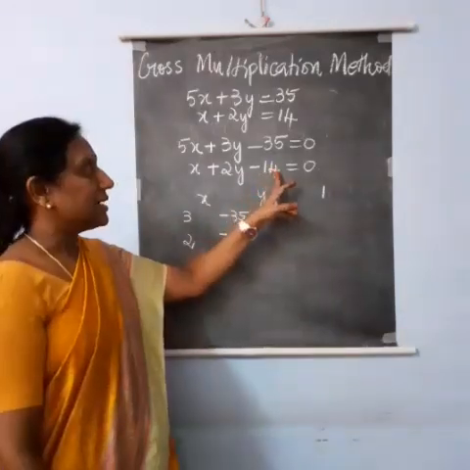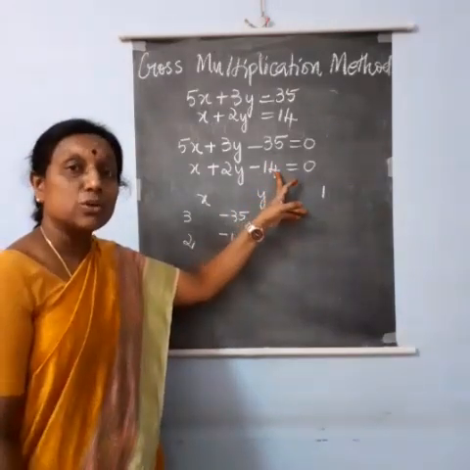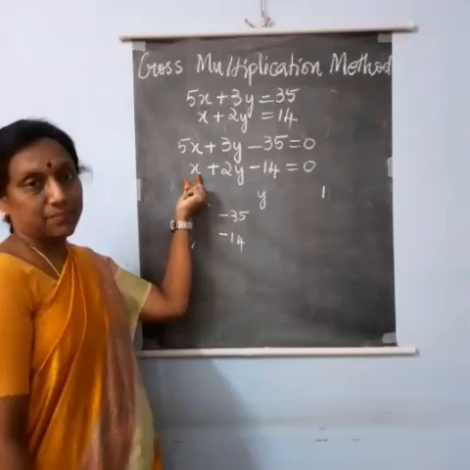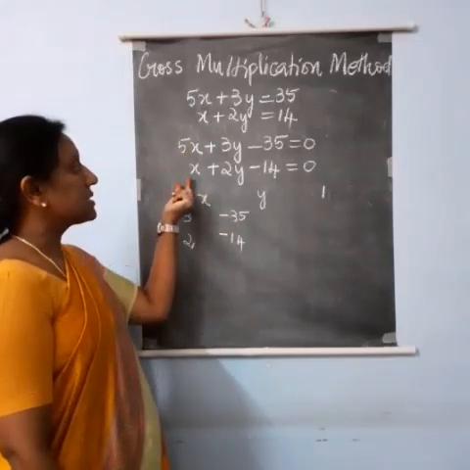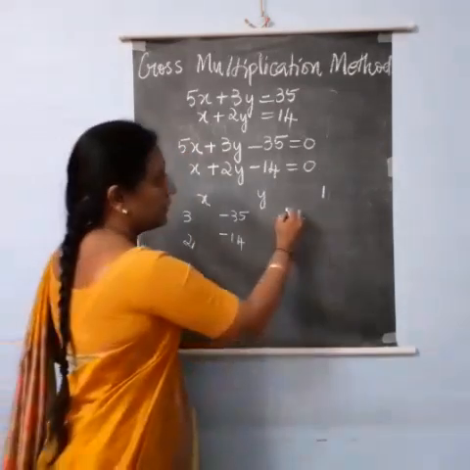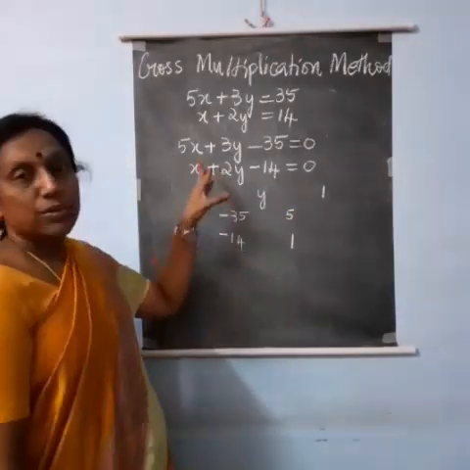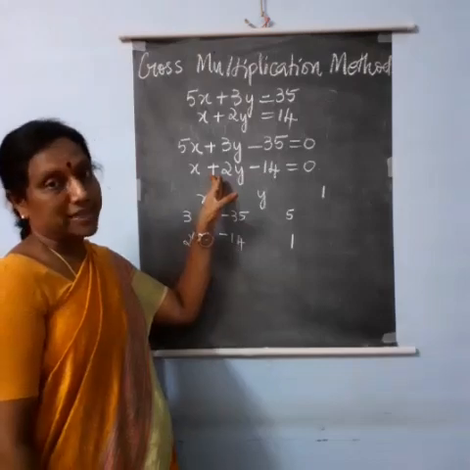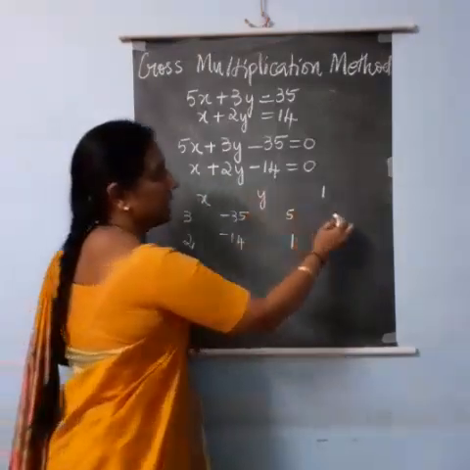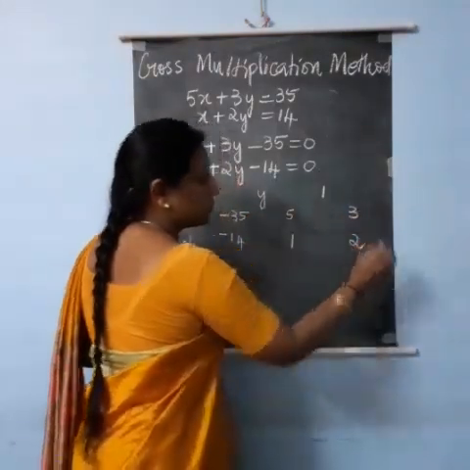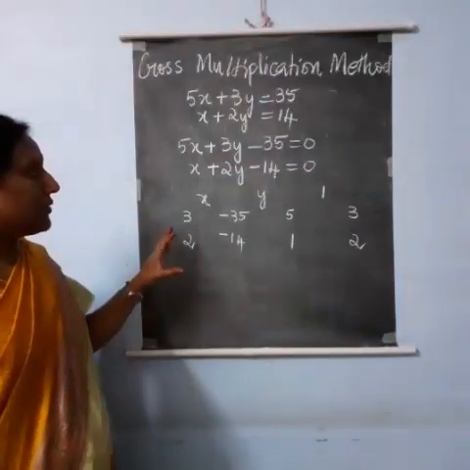Okay. After that, it will be followed by the coefficients of the x term. Which are the coefficients of the x term? 5 and 1. So write 5 and 1, followed by the coefficients of the y term. Where we started, we will end: 3 and 2. Have you got it? So what have I written down?